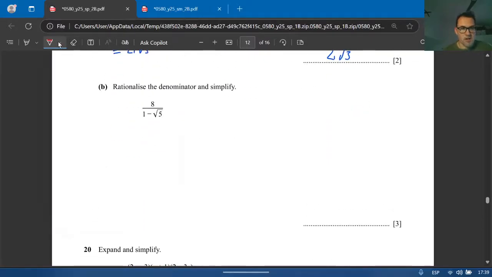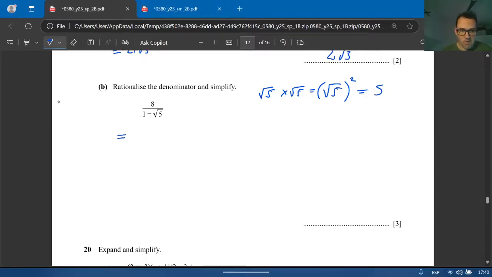In B, we need to rationalize the denominator. Okay, which means we need to get rid of that root 5 at the bottom. Now remember, root 5 times root 5, which is the same as root 5 squared, what would that be? Okay, so 5 squared is 25, the root of 25 is 5. Okay, it's just 5.